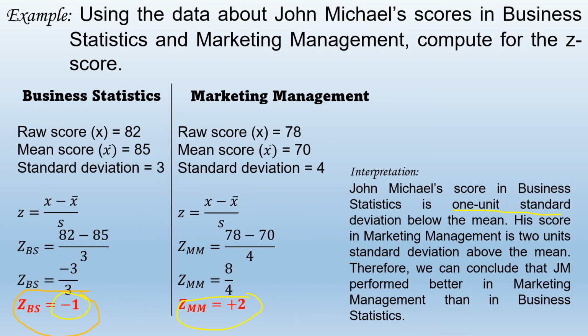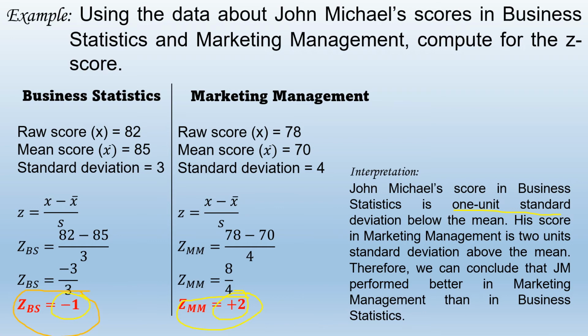His score in marketing management is 2 standard deviations above the mean. Therefore, we can conclude that JM performed better in marketing management than in business statistics.